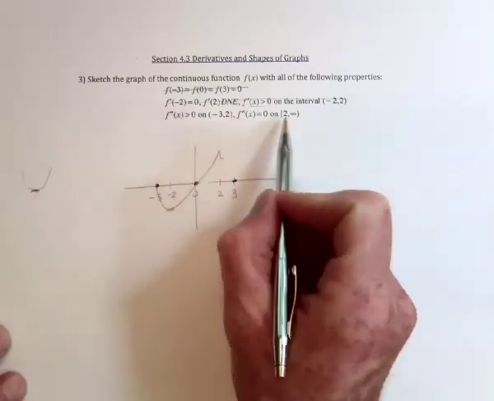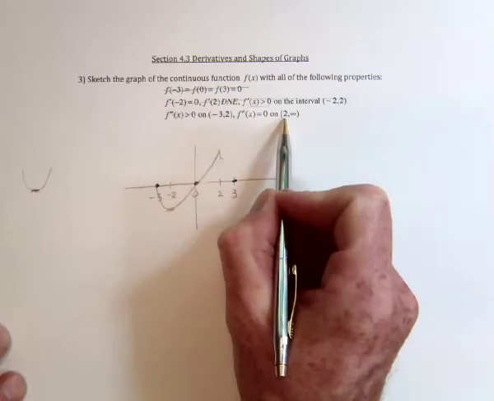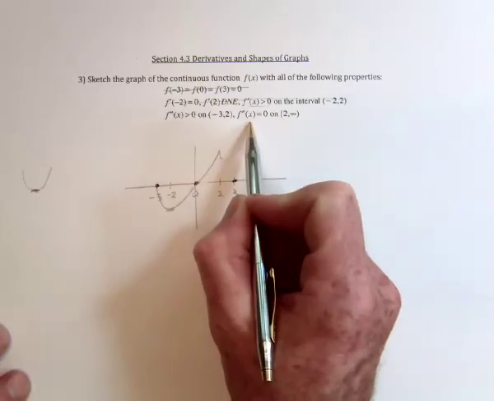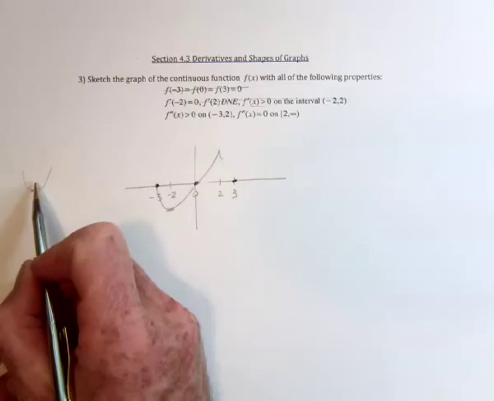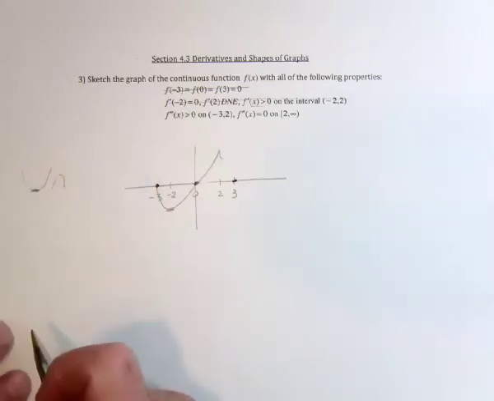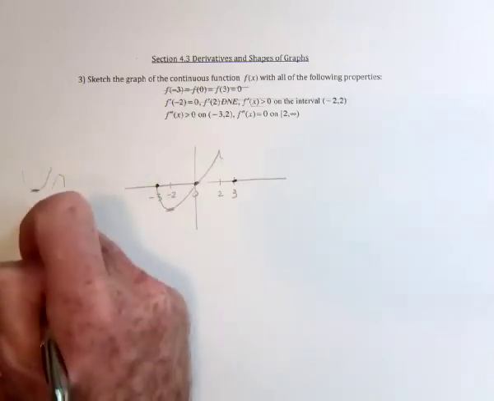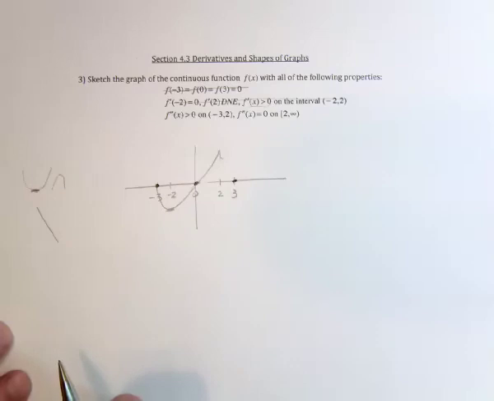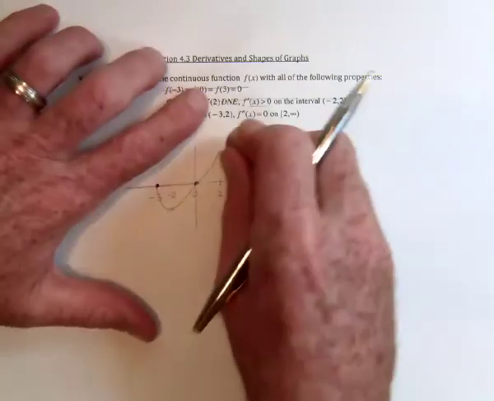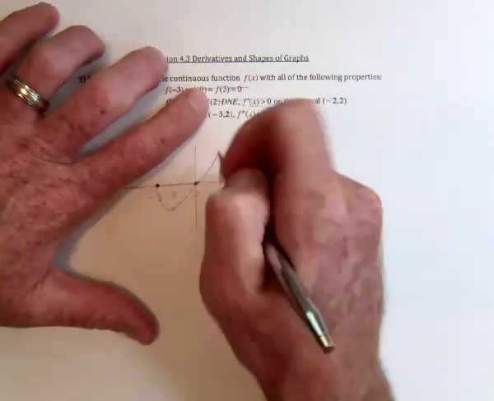And now on the right hand side of 2, the second derivative equals 0, which means it's not concave up and it's not concave down, but it could be like a straight line, which is neither curved up nor curved down. So my cusp is changing a little bit.